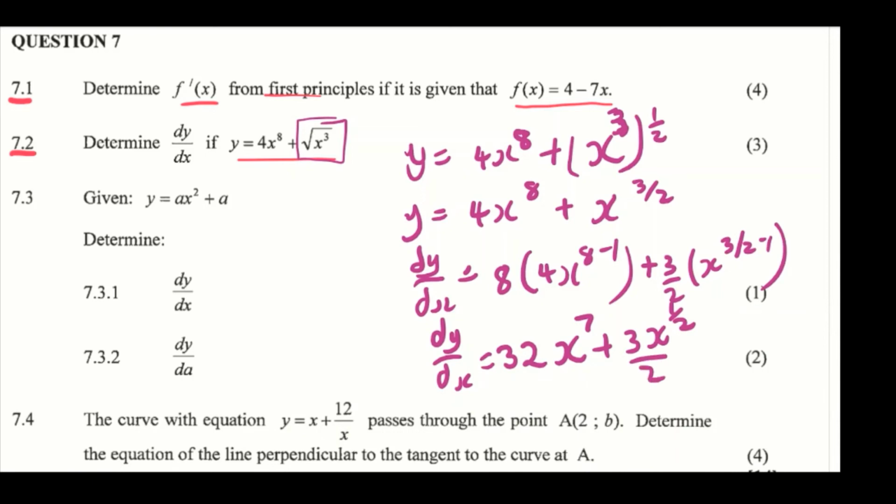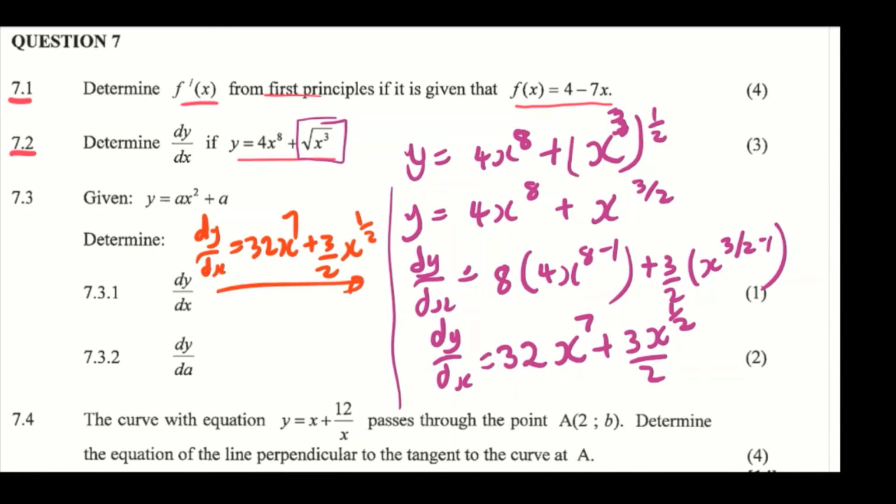So the final answer would be dy over dx equals 32x to the power of 7 plus 3 over 2 x to the power of 1 over 2.